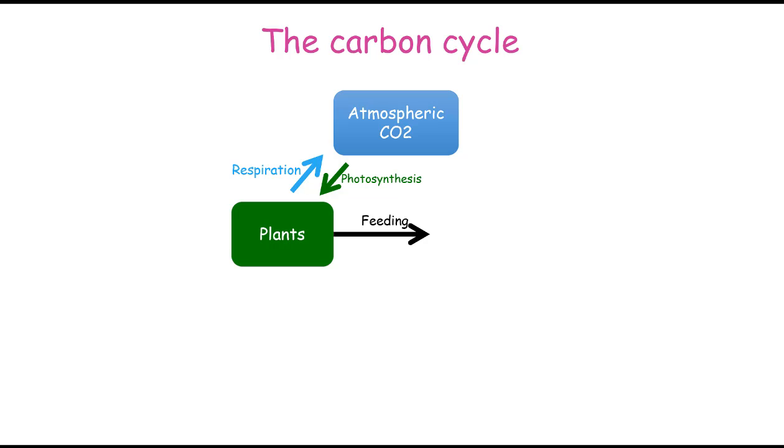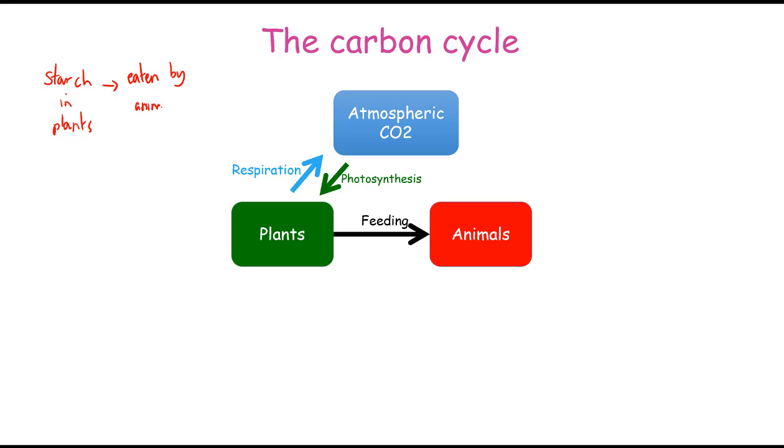Now, the plants can also get eaten by animals, and that transfers the carbon compounds from the plants to the animals. So let's say, for example, that the plants contain starch. They get eaten by the animals.